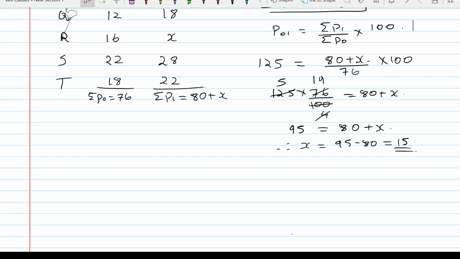13th problem. Similar problem, but you have to find y.